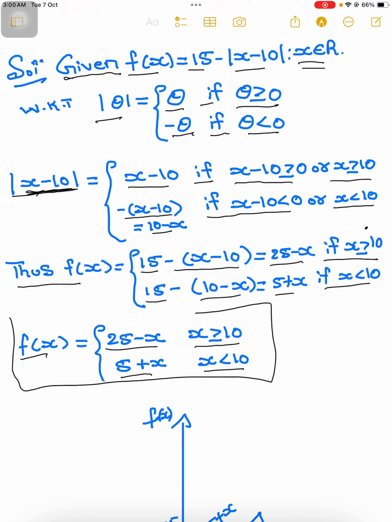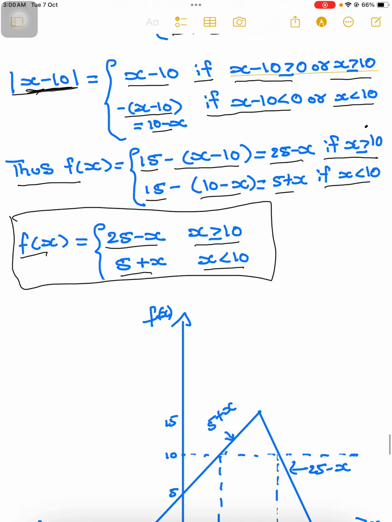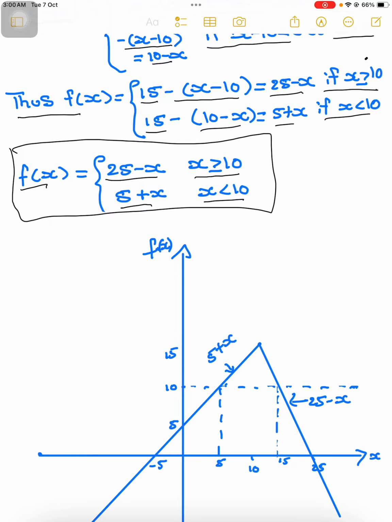Now I will draw the graph of this function. If x is greater than or equal to 10, it is 25 minus x, and if x is less than 10, it is 5 plus x.